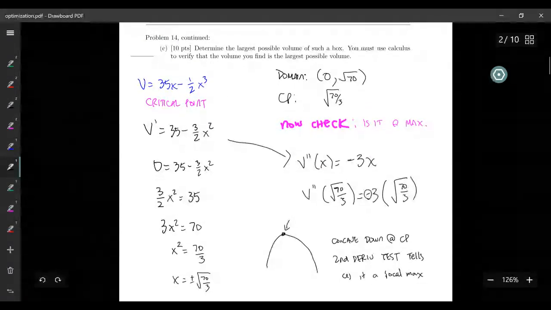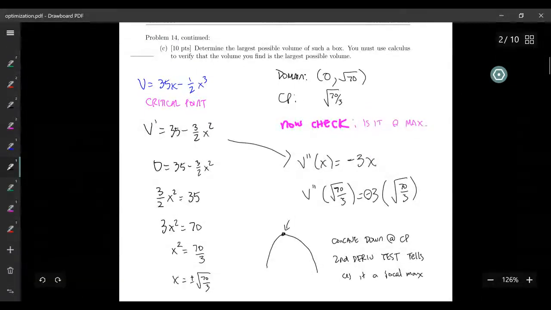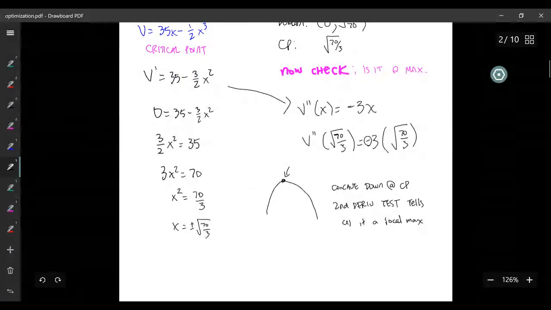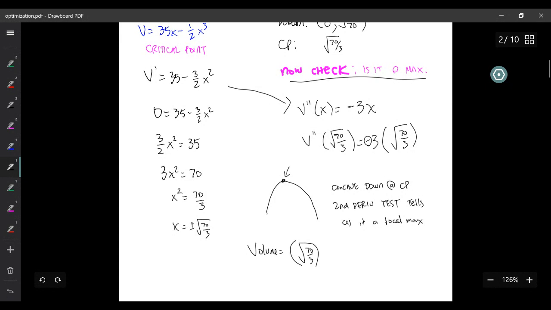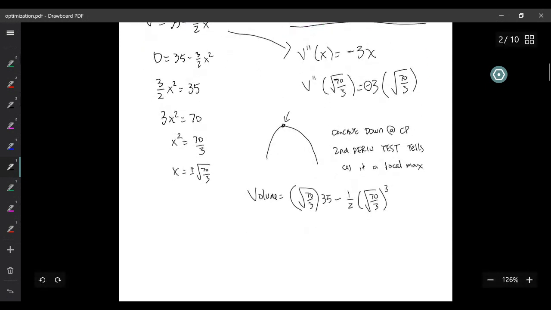So this is what they mean by saying you must use calculus to verify the volume. All right, so this is the verification that we're using, that we're checking that it's actually a max. So the final answer in this case is the volume. We take this root 70 over 3, plug it into this volume formula. All right, now you can leave your answer like that.